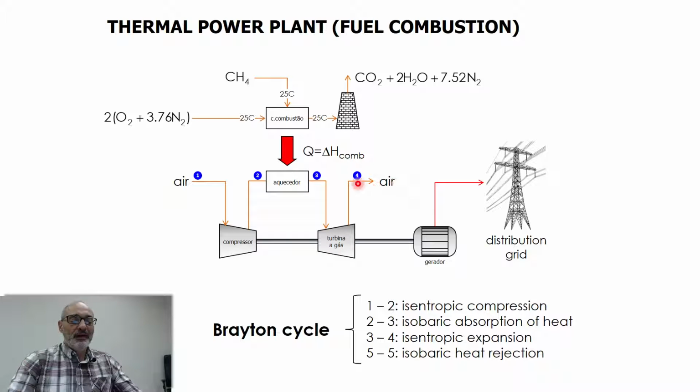And 4 is air at the outlet of the turbine. So what we call a Brayton cycle is defined as a series of thermodynamic transformations.